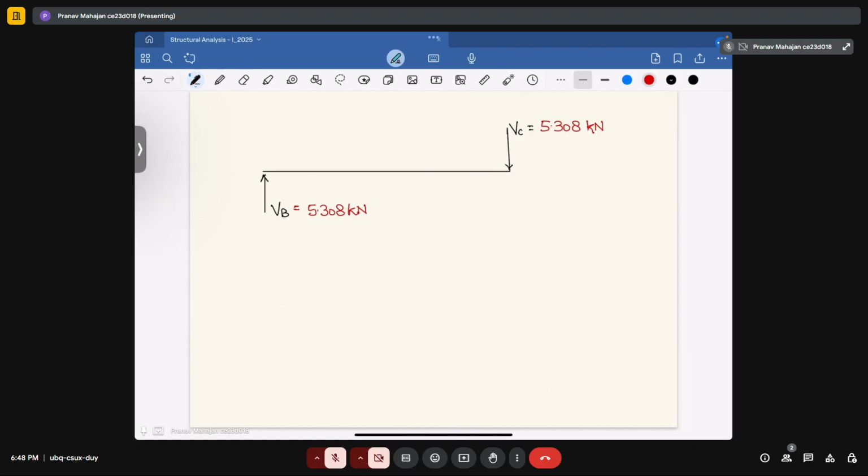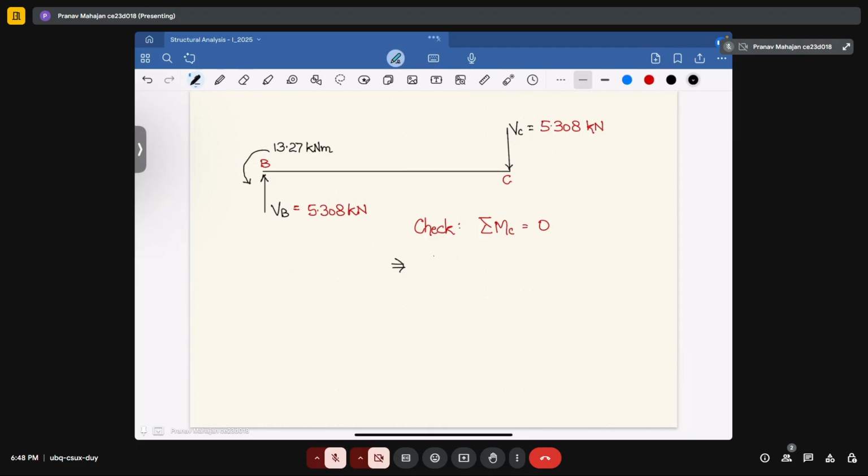Further, here a moment is also there. That is the anti-clockwise moment of 13.27 kilonewton meter. So this is your end B and this is your end C. If you want to check, how can you do that? Take summation of moment about C and it should come out to be equal to 0.